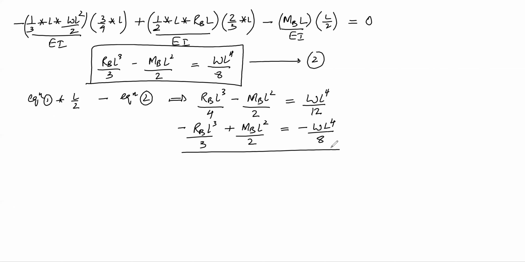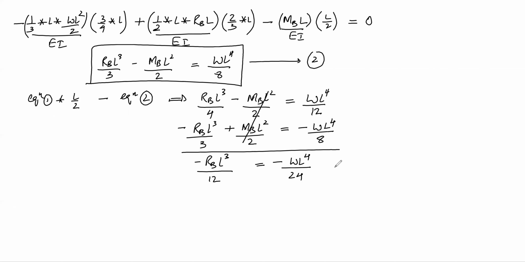So the resulting equation will be, these two terms will cancel and we are left with minus RB L cube divided by 12 is equal to minus WL power 4 divided by 24.